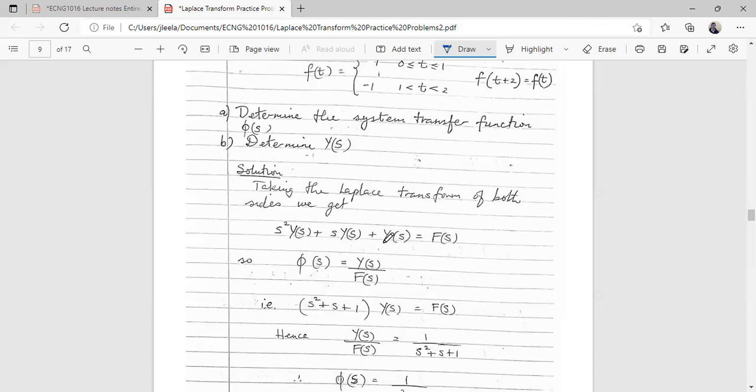So we have here, if we factor the Y(s), s squared plus s plus 1 times Y(s) is equal to F(s), right?